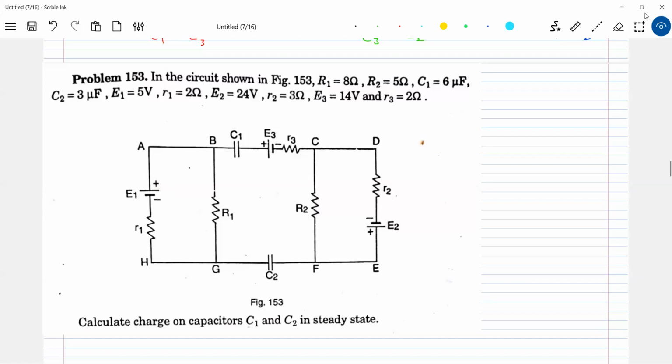So I'll proceed like this. Let the charge here be Q1, minus Q1. Let the charge here be Q2, minus Q2. Is charge conserved? I say Q1 not equal to Q2. Is charge conserved? You analyze it.